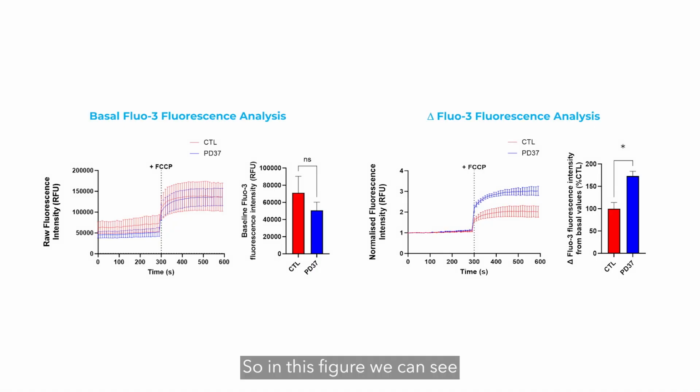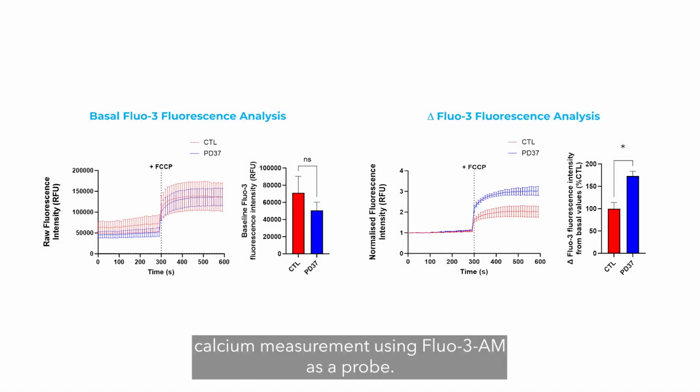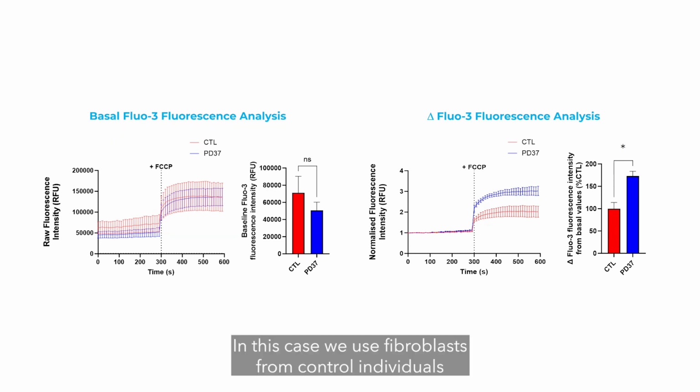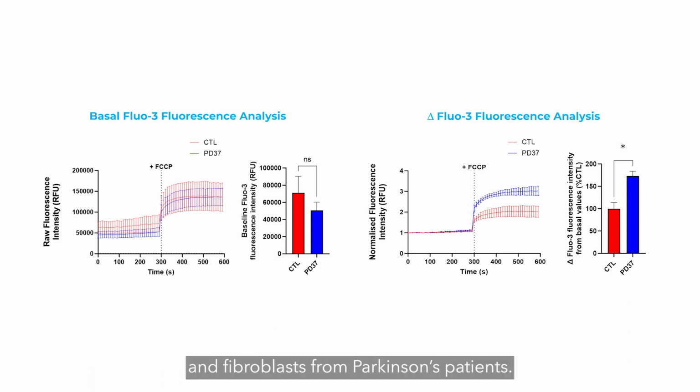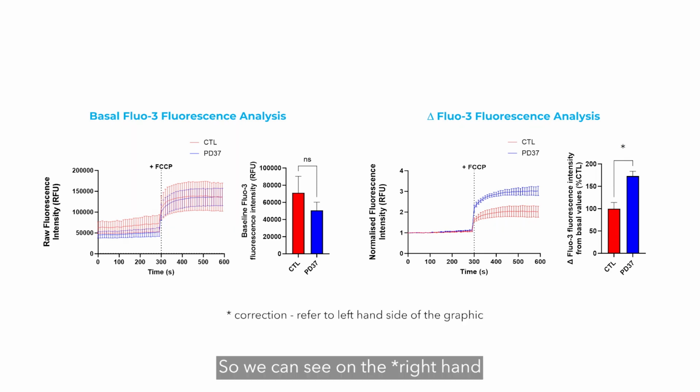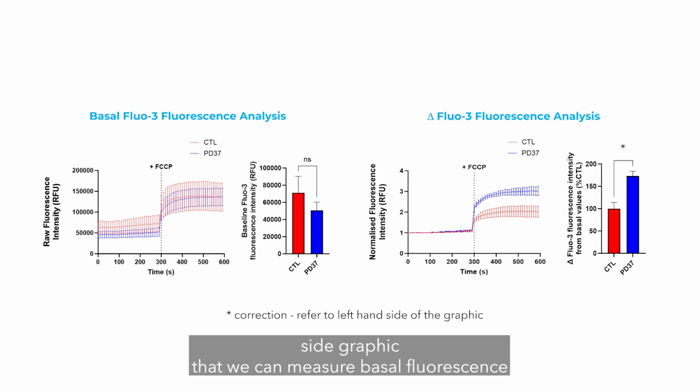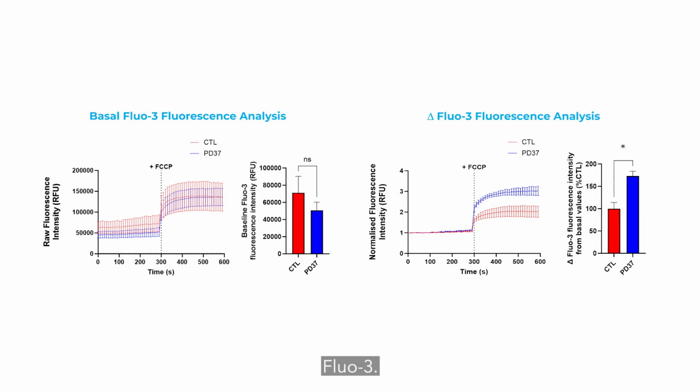In this figure, we can see calcium measurement using Fluo-3 AM as a probe. In this case, we use fibroblasts from control individuals and fibroblasts from Parkinson's patients. On the right-hand side graphic, we can measure basal fluorescence of Fluo-3.